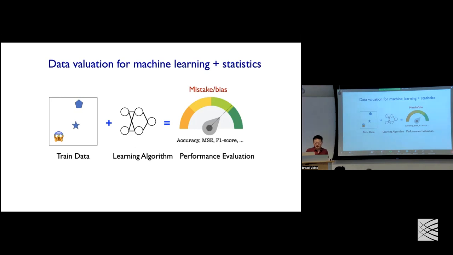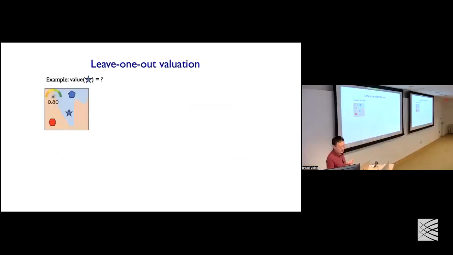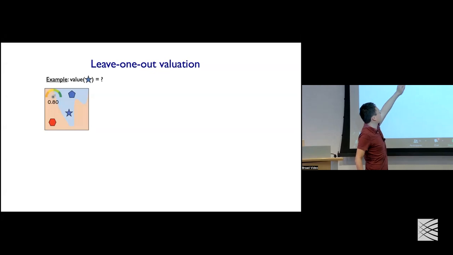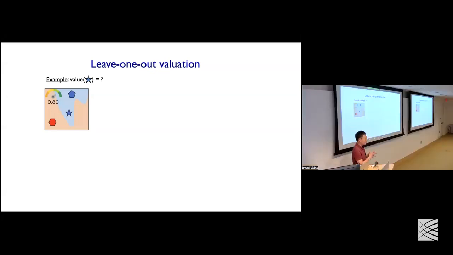So how do people think about solving this data evaluation problem? Maybe the first idea that might come to mind is also very intuitive. Let's do some sort of leave-one-data-point-out analysis. In this case, I have these three training data points, which could be data from different hospitals or from different patients or from different biobanks. And I want to figure out the value or the contribution of this middle point, this star point.